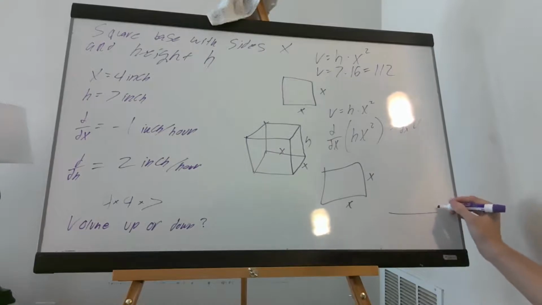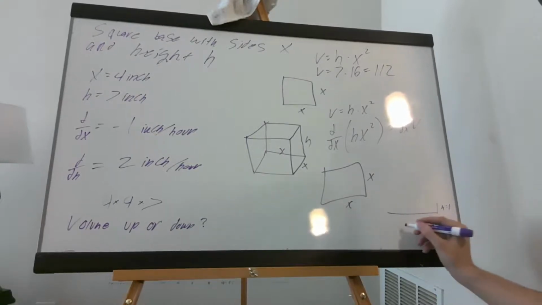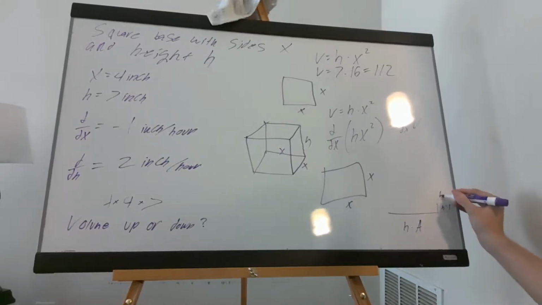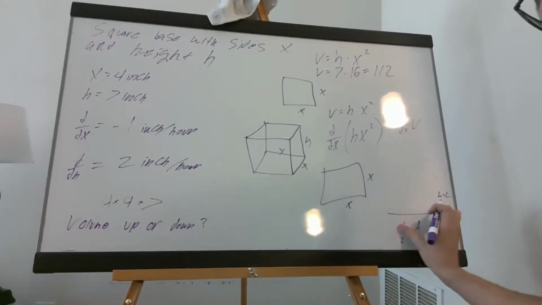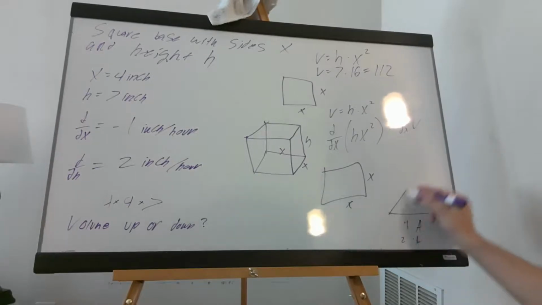So that means that when h equals 1, we have 1 times the area, and when h equals 2, we have 2 times the area of the square, which is going that way.